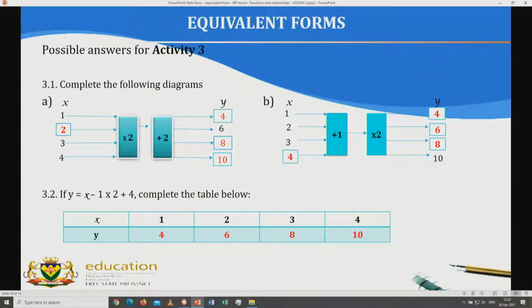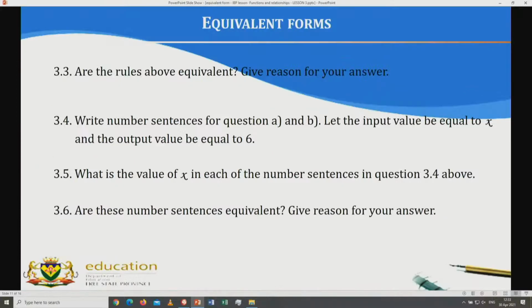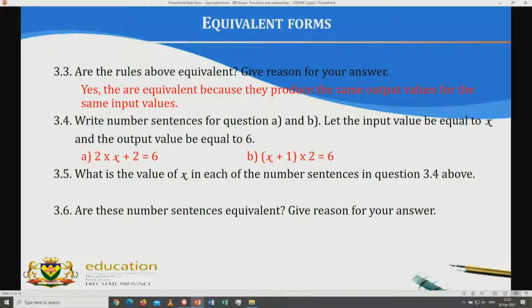We are talking about the first diagram and the second diagram. That is when we are supposed to write the number sentences. For the first flow diagram, 2 multiplied by x plus 2 equals 6. The second diagram will be, in brackets, x plus 1, close bracket, multiplied by 2 equals 6.